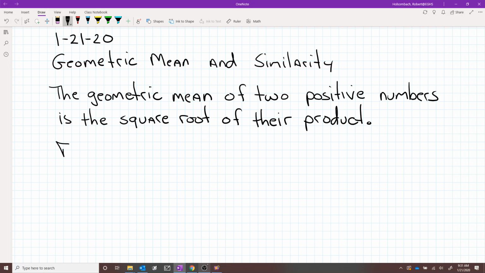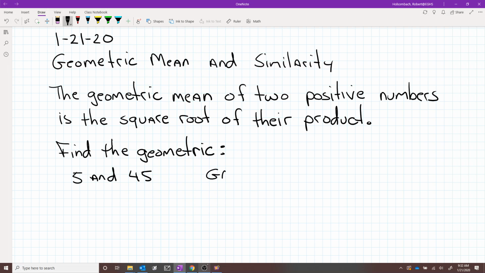If you're asked to find the geometric mean and you're given the numbers 5 and 45, the geometric mean is equal to the square root of 5 times 45.